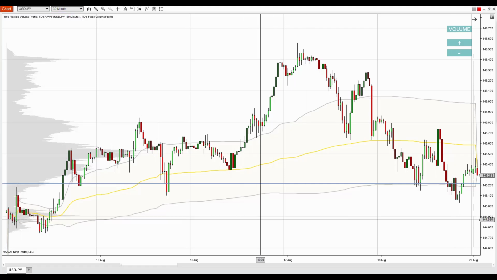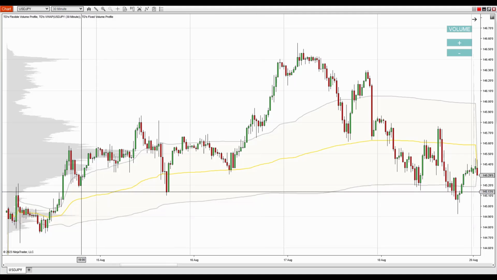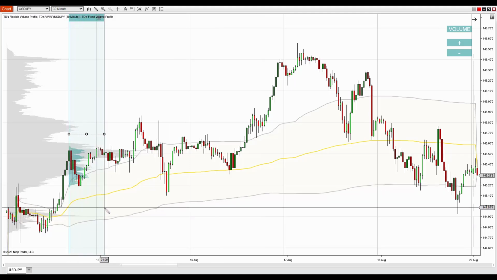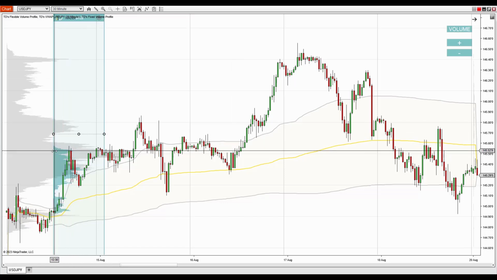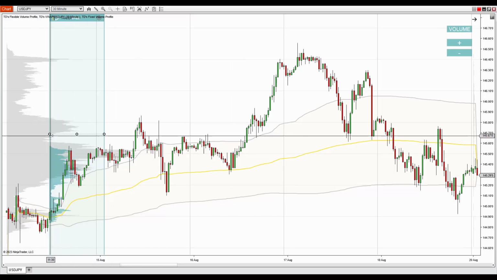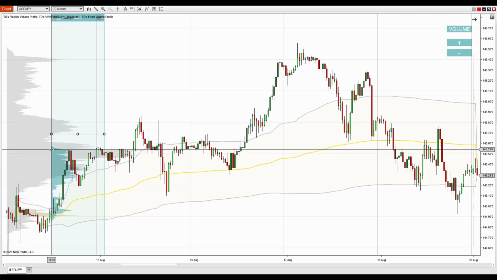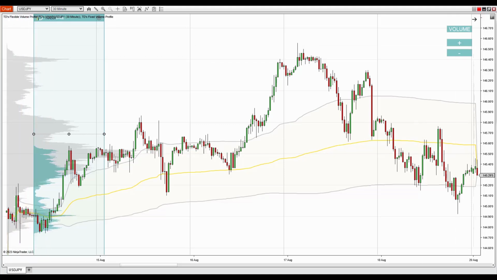Another way is to use volume profile, like for example in here, and look for confluences with volume profile. So if I use the volume profile over this area, or I can actually use it like this, it doesn't really matter. It always points me to this significant volume zone.